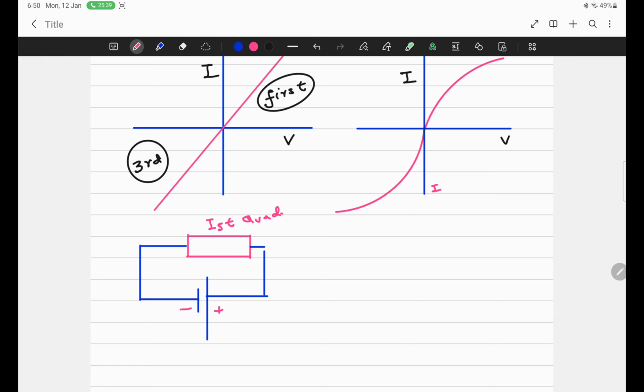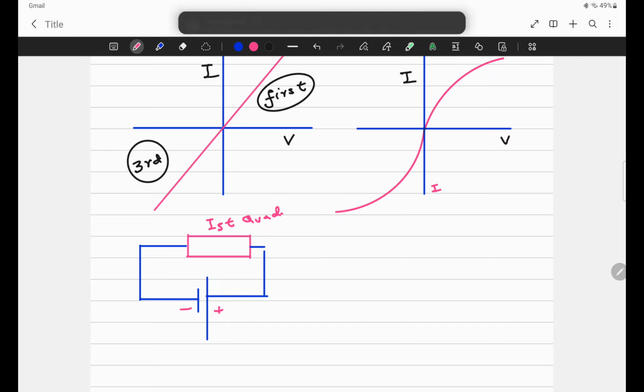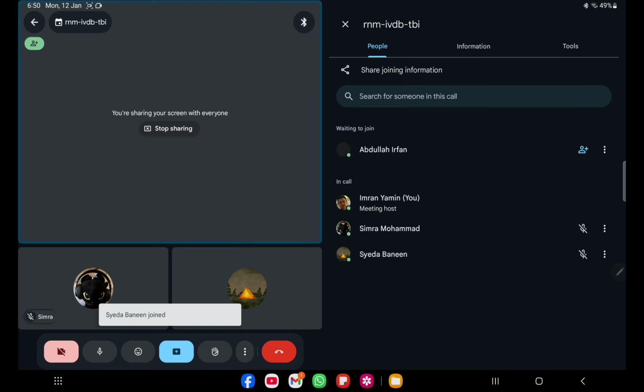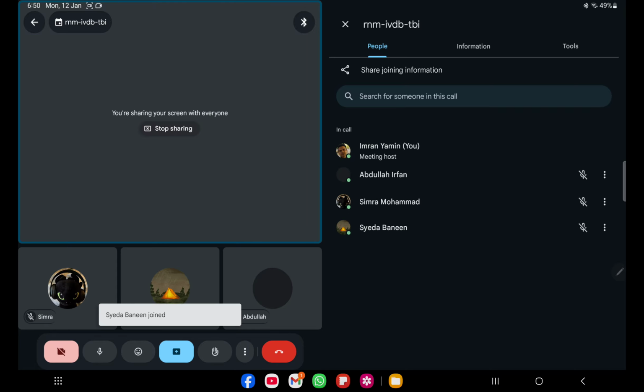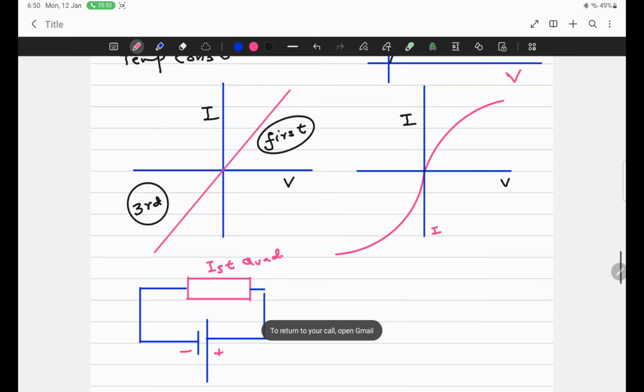When you switch polarity, when you interchange plus and minus, then the graph is plotted in the third quadrant.